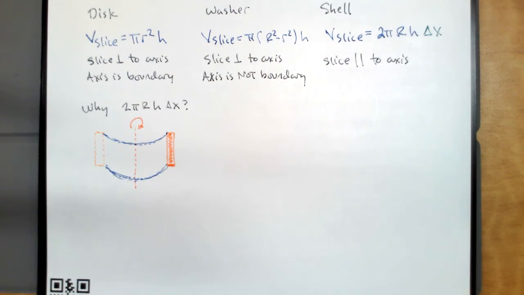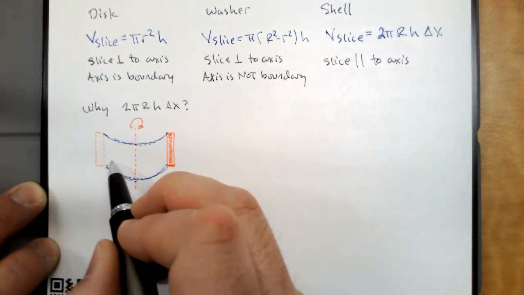So that's a representation of that being rotated around that axis, and then it'll go down behind the page.